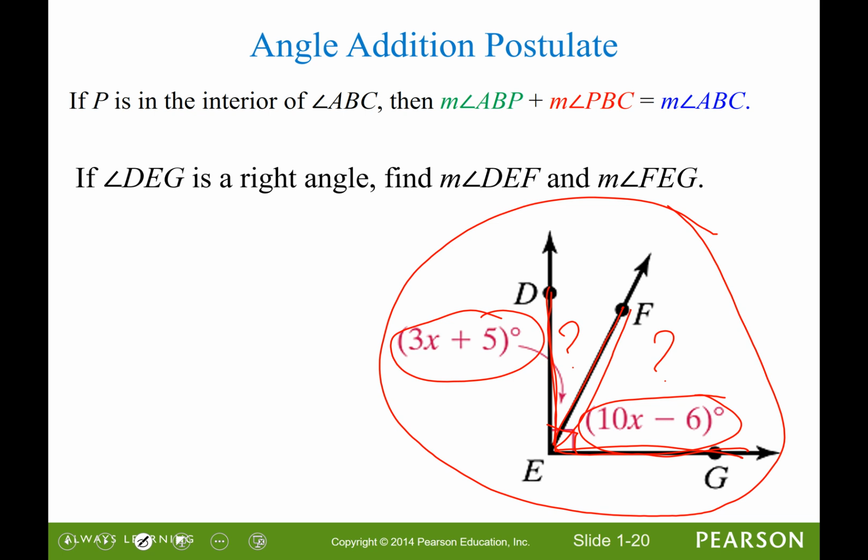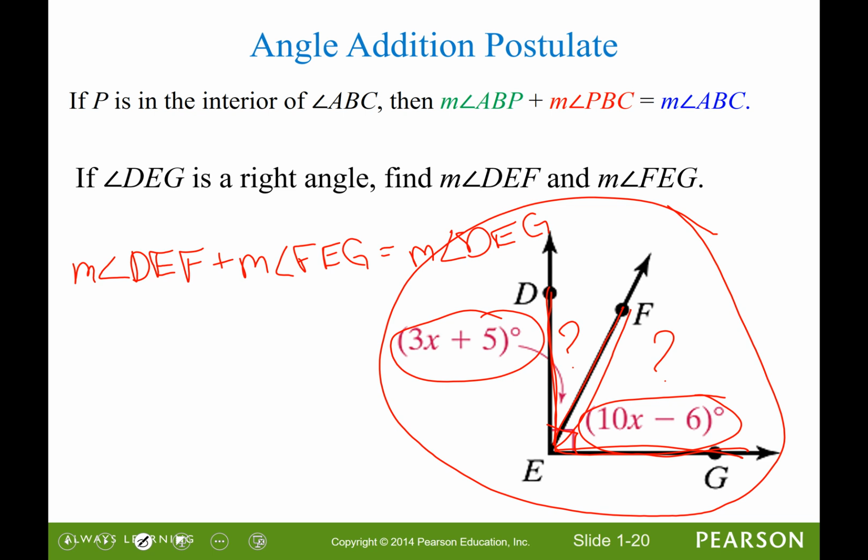So I'm going to write here that the measure of angle DEF plus the measure of angle FEG is equal to the measure of, and now I'm going to write the large one, DEG. That right there is the angle addition postulate.